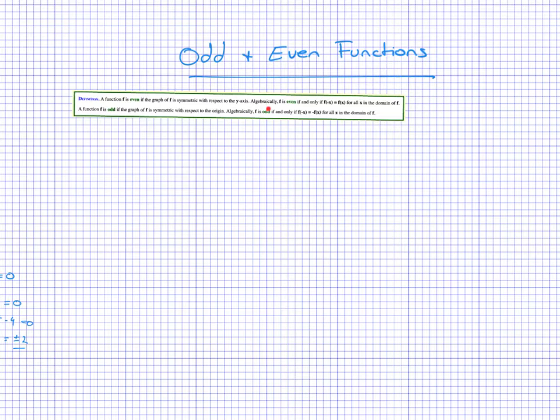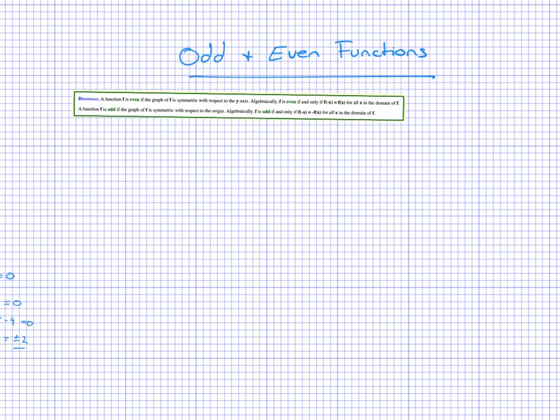Algebraically, f is even if and only if f of negative x equals f of x for all x. A function is odd if the graph is symmetric with respect to the origin. It's odd only if f of negative x equals negative f of x.